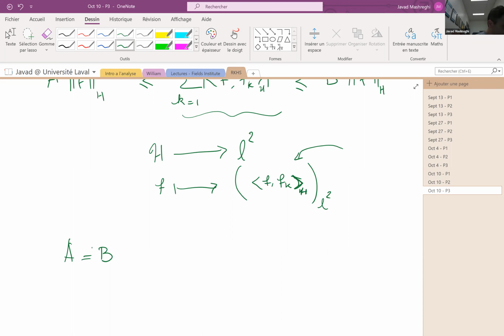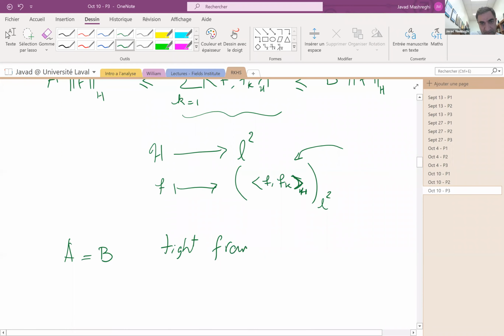I apologize, I forgot the name. Tight frame, no? Oh, no, it's for one. No, this is a tight frame. Thank you. This is a tight frame, and if A is equal to B equal to 1, it's called a Parseval frame.